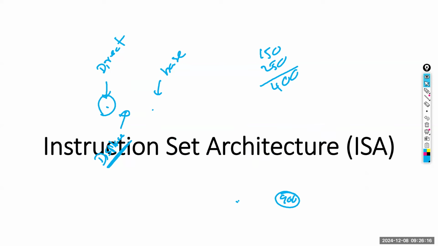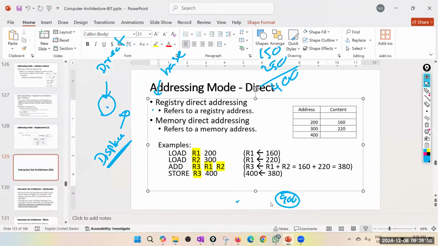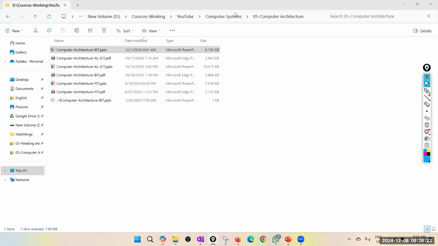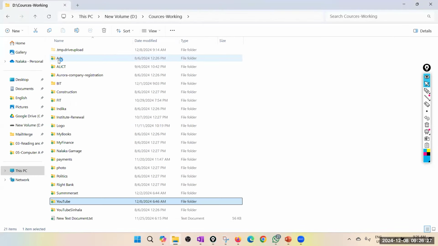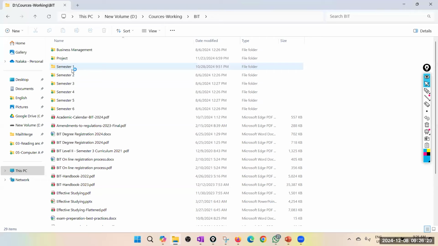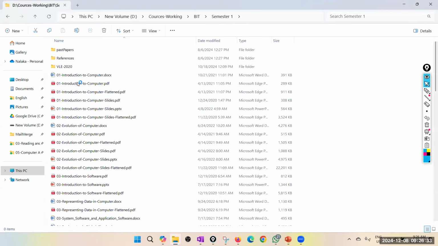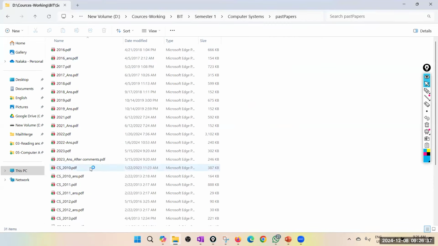Right. So let's do some past paper questions. In the computer systems paper, the questions differ across years because the syllabus is so huge.